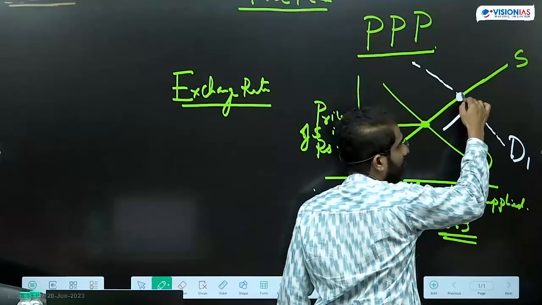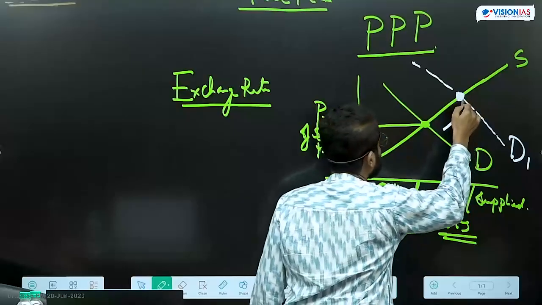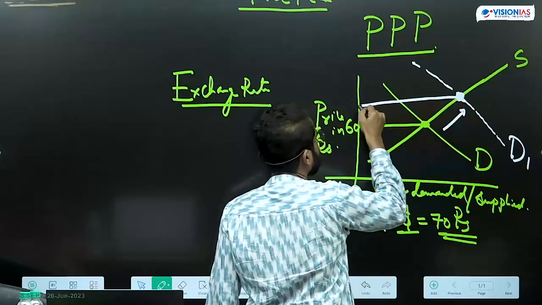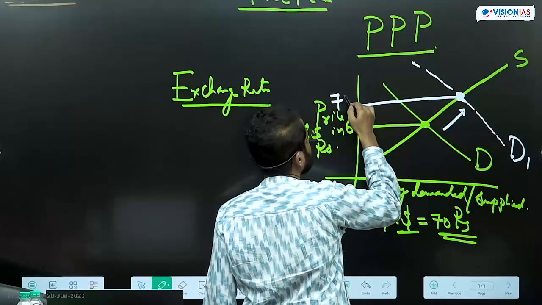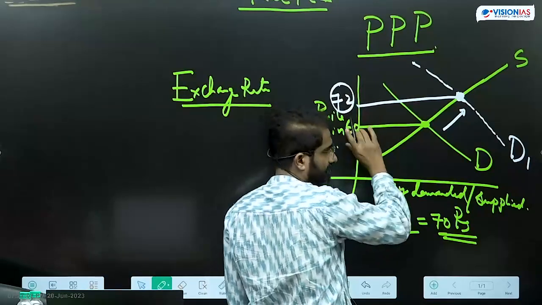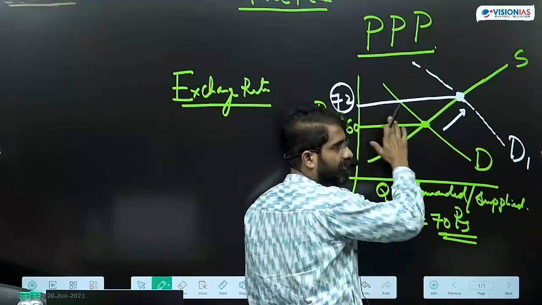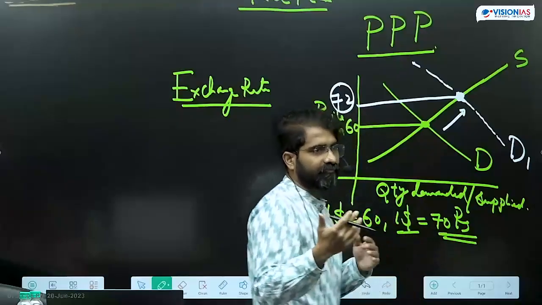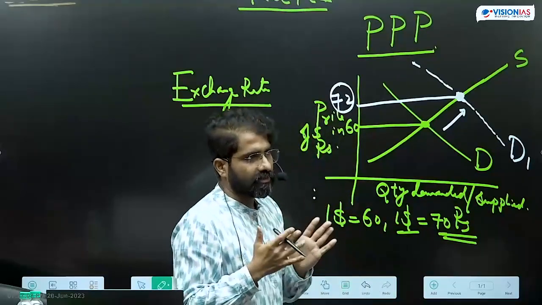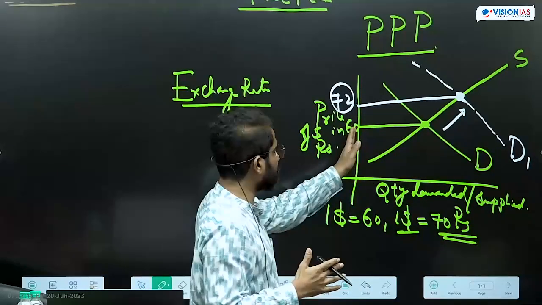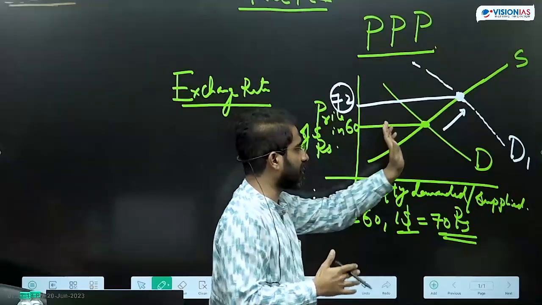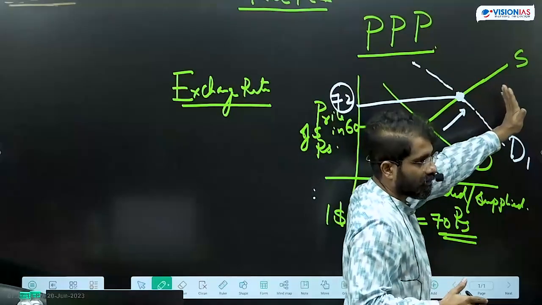This is the new equilibrium point. So the new price of the dollar becomes something like 70 or 72. How did $1 become 72? It is because of the forces of demand and supply; earlier it was 60, now it is 72, because of increased demand for dollars.